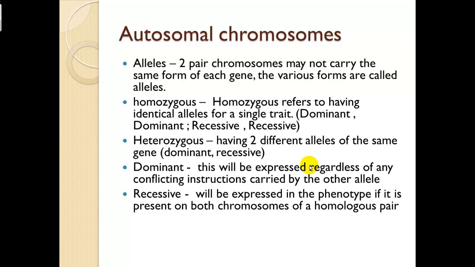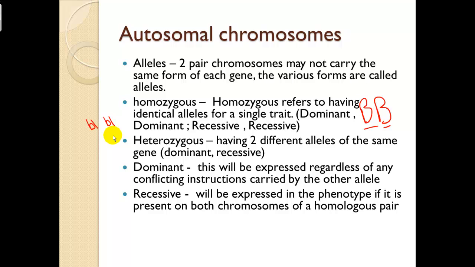So if we say homozygous, they have the same pairing. So this would be like brown eyes, and both of these would be dominant because they're big letters, versus blue eyes, and these are both recessive. They're small letters, or how they're done on a Punnett square.